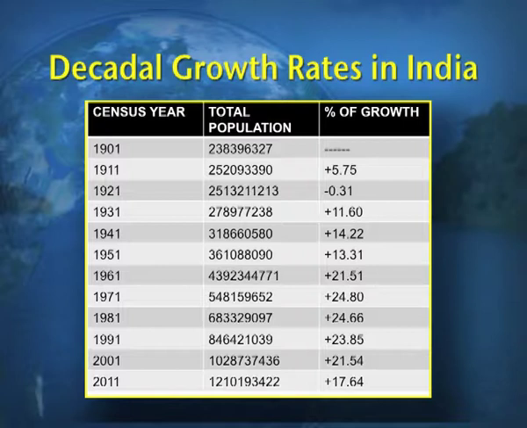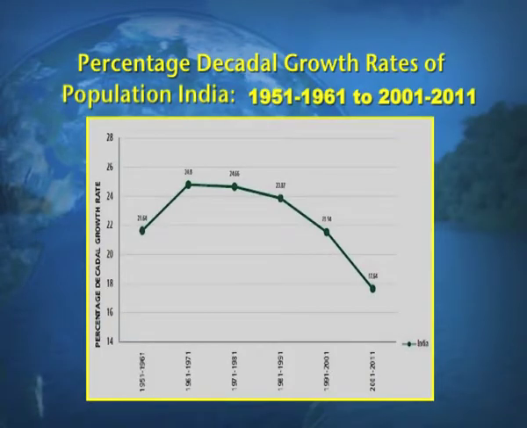Now, this diagram is a line graph which shows the percentage growth rates of the population between the different years, 1951 to 61 through to 2001 and 2011.